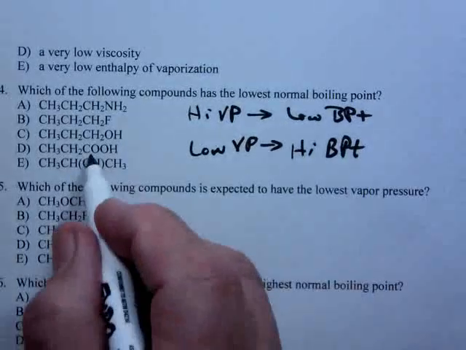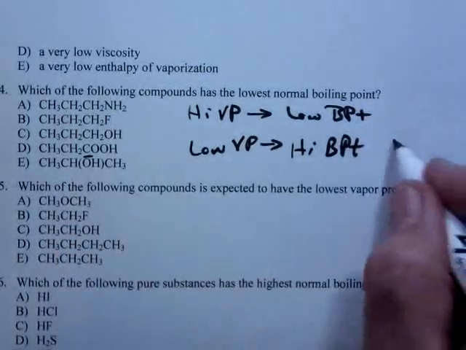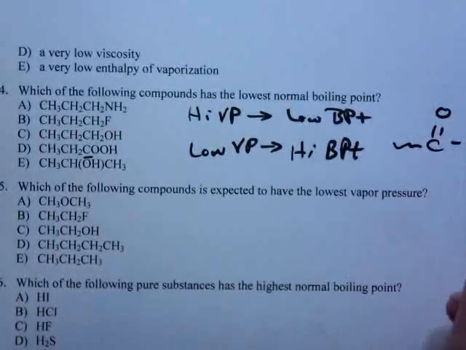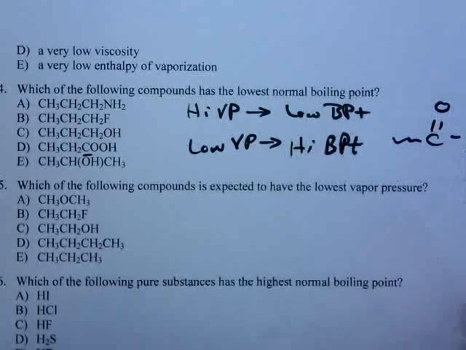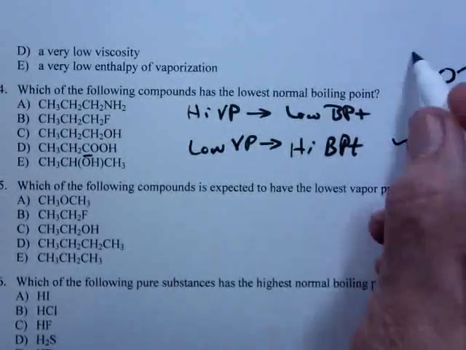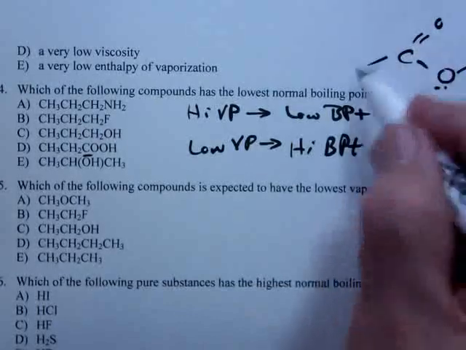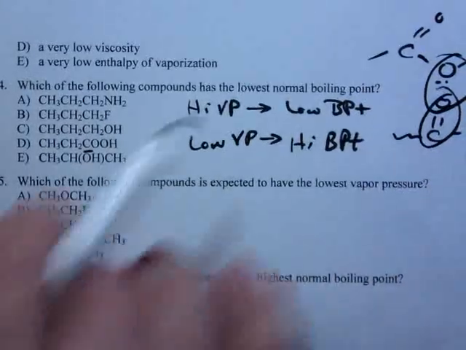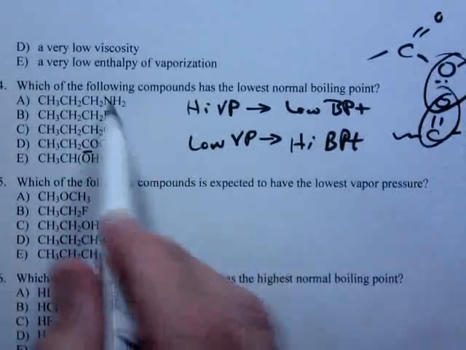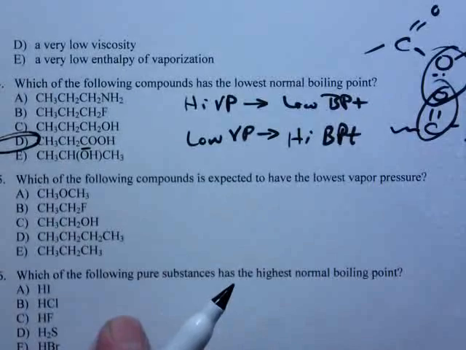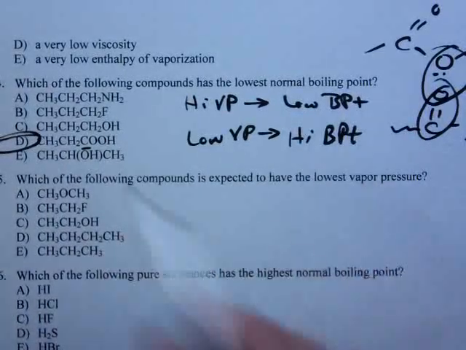I didn't notice this CO in there. What this is, is this kind of structure. And so if you have another one out here like that, that's going to be very strong. So I take that back. This is the highest boiling point right here because there's a lot of structure in there.